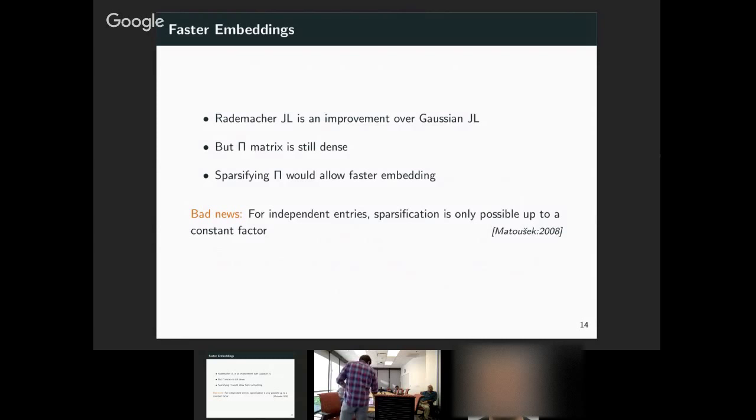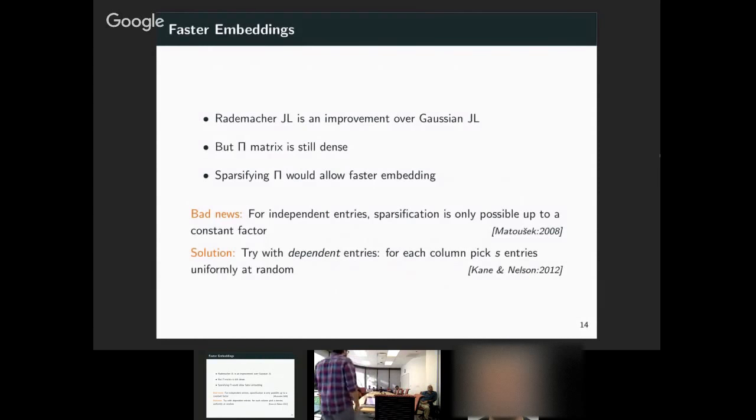Unfortunately, there is a way out, which is trying dependent entries, and that was proposed by Kane and Nelson. So the idea is that here, we can think of this as basically the same distribution we had before with these IID entries, but now we select a random subset of size S. And we can do this in two ways.